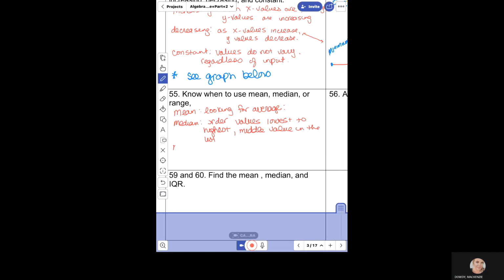Mode, most is the value that occurs the most, not the highest value, the value that occurs the most. IQR, the interquartile range, find your median.